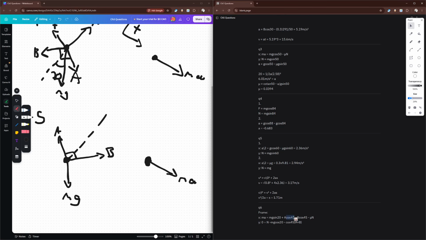We can do the same thing up here, by the way. So I'm just going to do that here. Cosine 45. This becomes a minus, sorry.